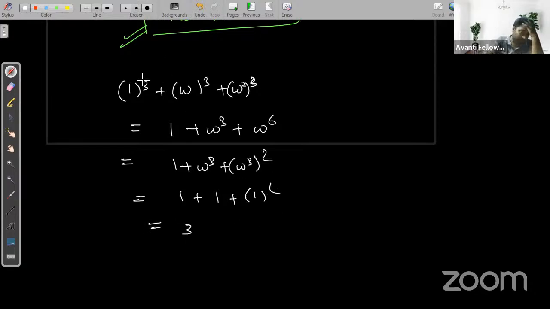So when r is a multiple of 3, this sum gives you 3. Clear, everyone?